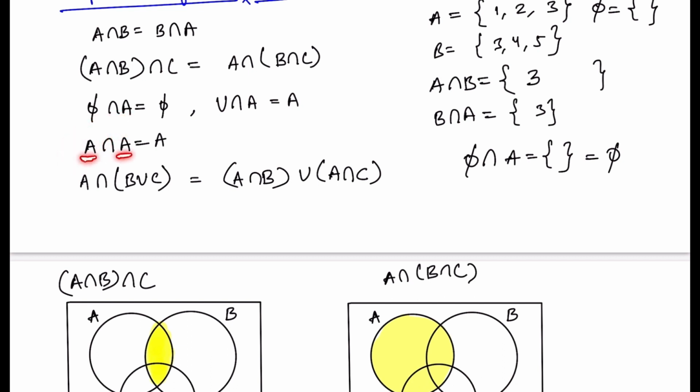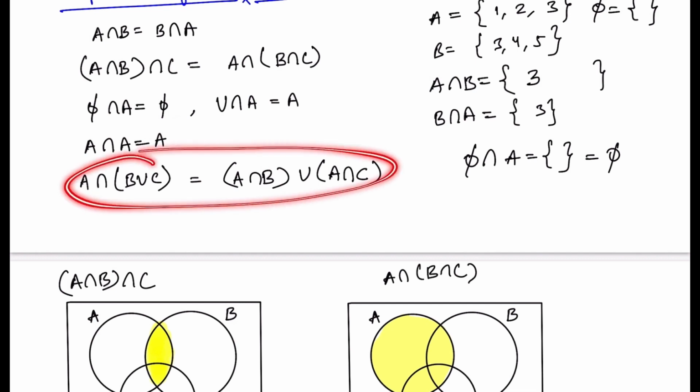So these two are equal sets, which means all the elements are common and all the elements belong to A. That means A intersection A will be equal to A. Therefore the answer is A.